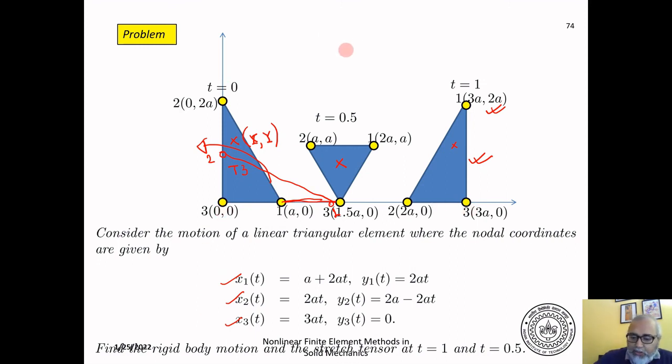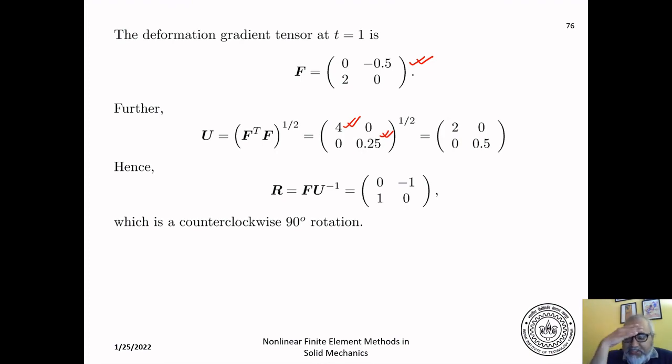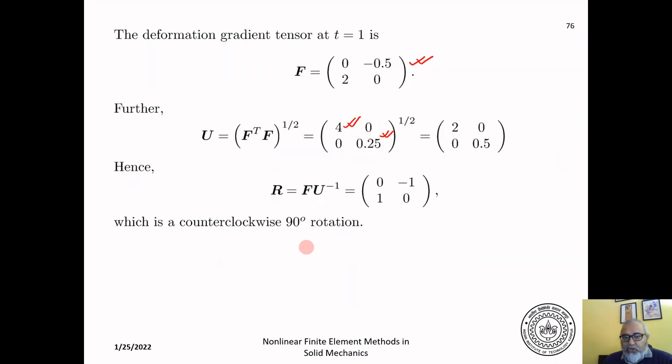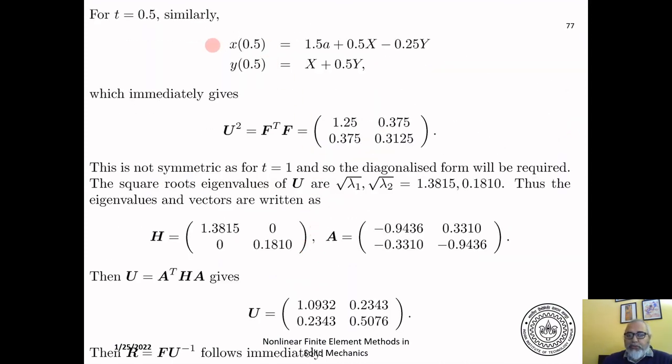Okay. Now we do the same thing for t equal to 0.5, but in that case the coordinates at t equal to 0.5 are different, and therefore the functional form of the motion will be different, F will be different, and so on. So this would be your x and y at t equal to 0.5. You can verify this.